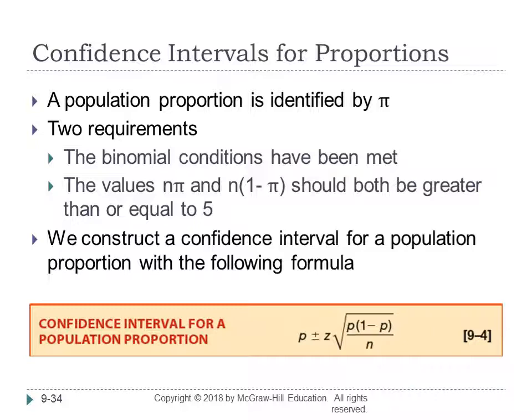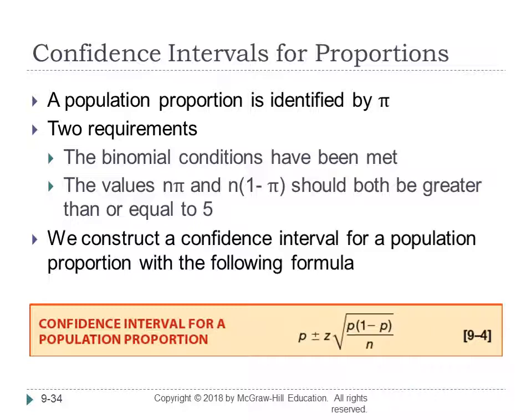We construct the confidence interval for a population proportion with the following formula. This is now for a proportion, the confidence interval for a population proportion. It starts with the proportion from the sample, p, minus or plus z times the square root of p times 1 minus p divided by n.